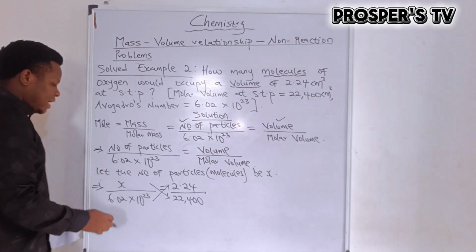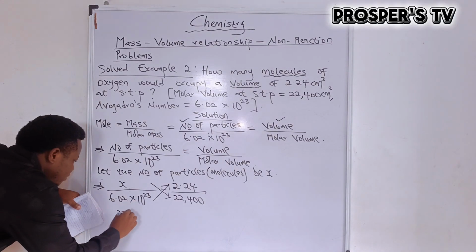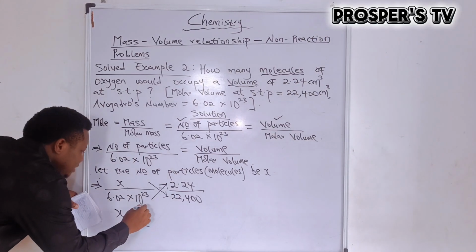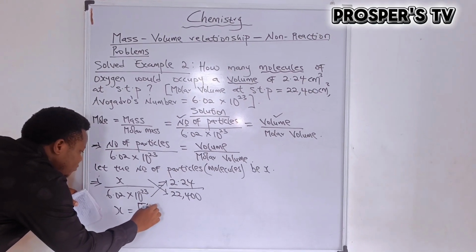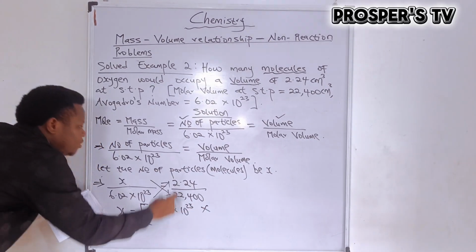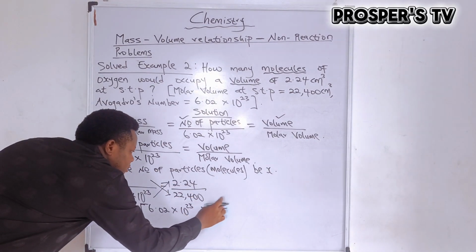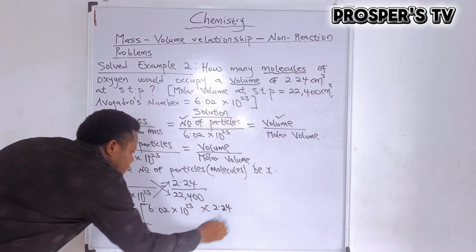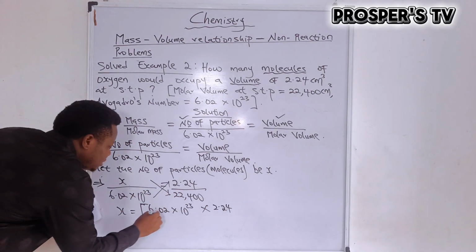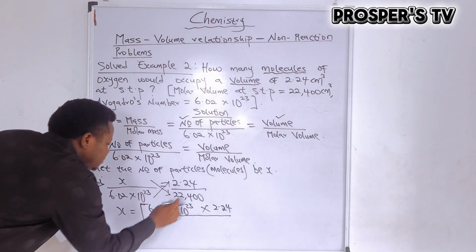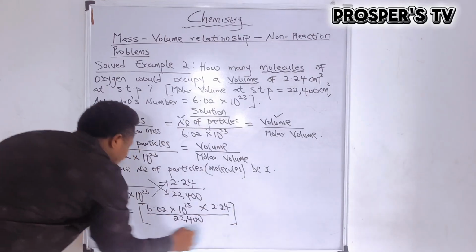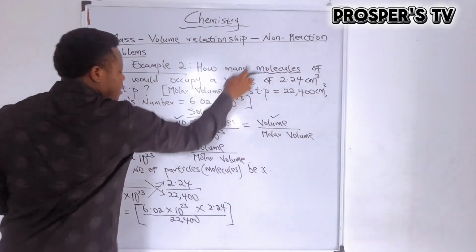So x becomes equal to 6.02 times 10 raised to the power 23 multiplied by 2.24. Any number that multiplies x, you have to divide both sides with that number. So I'll be dividing with 22,400.